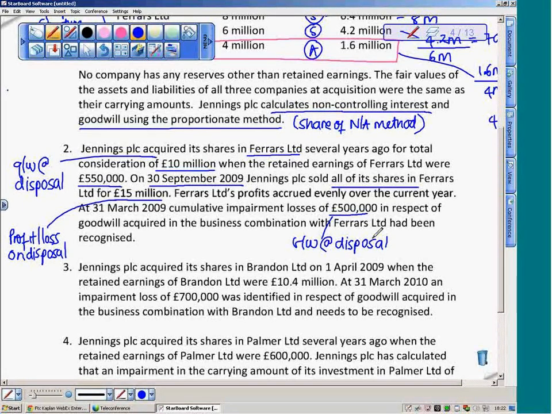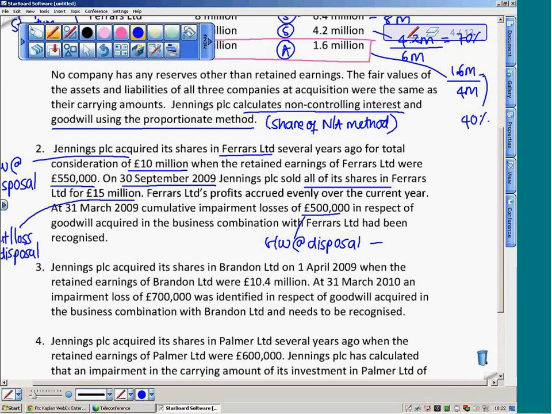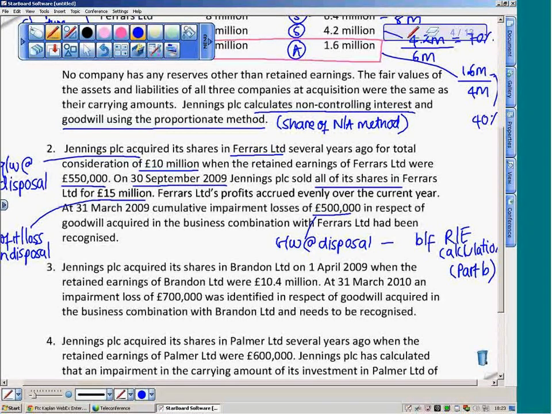It might also have a knock-on effect when we think about the brought forward retained earnings calculation for Part B.